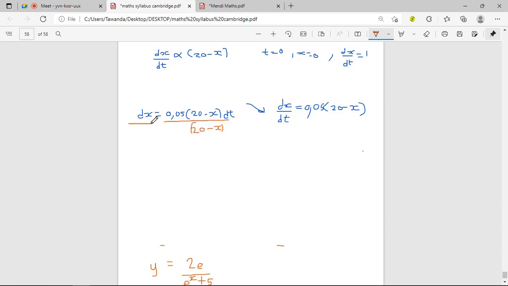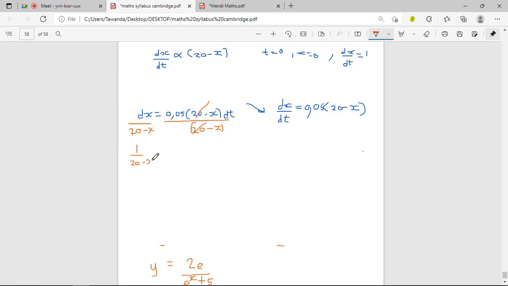So it will be over here 20 minus x. Just take those parts with the x, because that bracket is one bracket, so it's where we want to separate our variable. So this will cancel this. At the end, we are going to have 1 over 20 minus x, right?